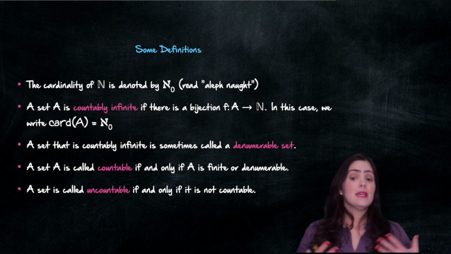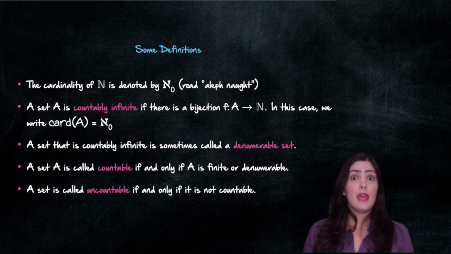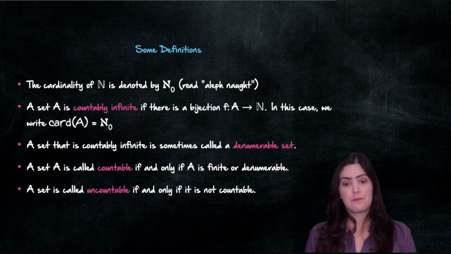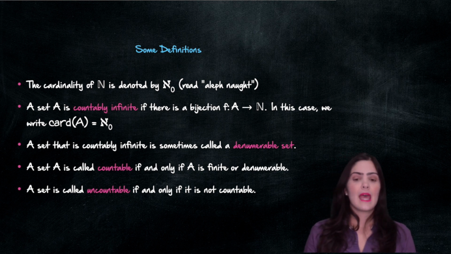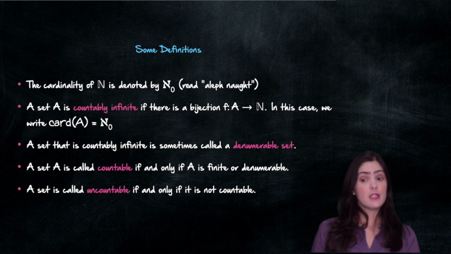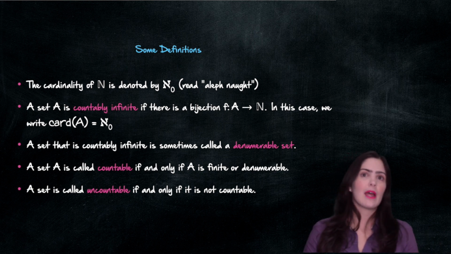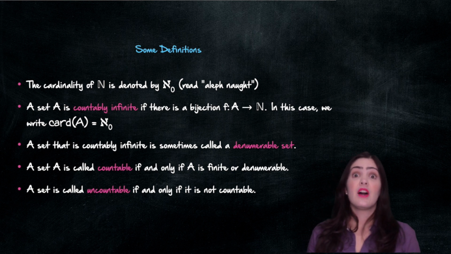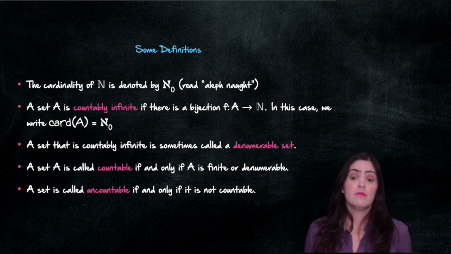A set that is countably infinite is sometimes called a denumerable set. We say that a set A is called countable if it's either finite or denumerable, or countably infinite. And finally, a set that is not countable is uncountable.